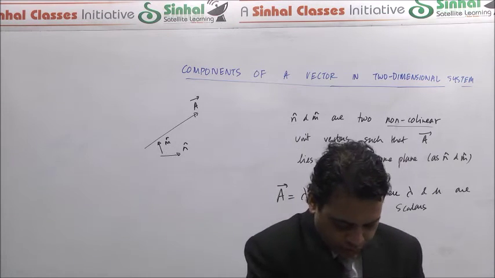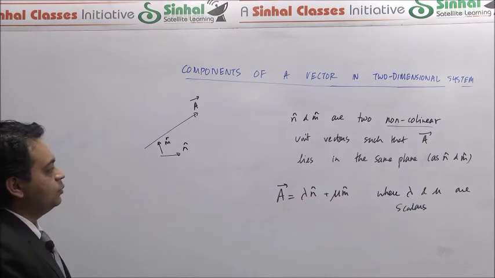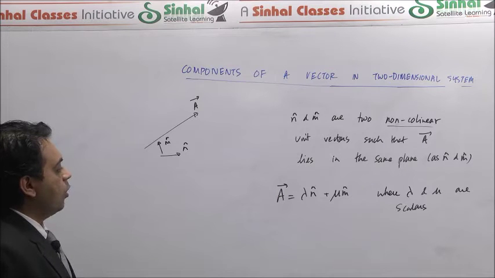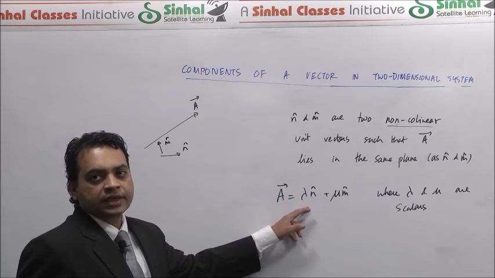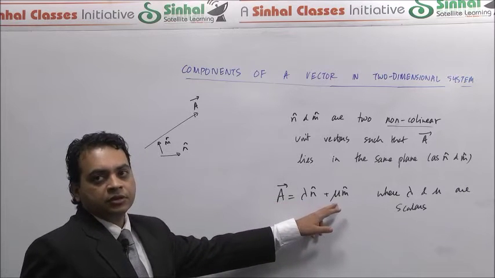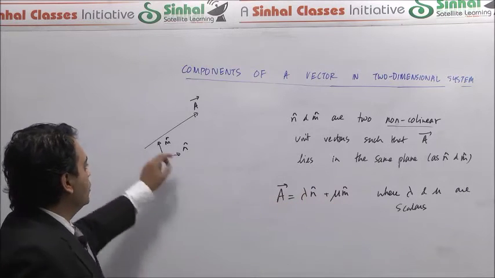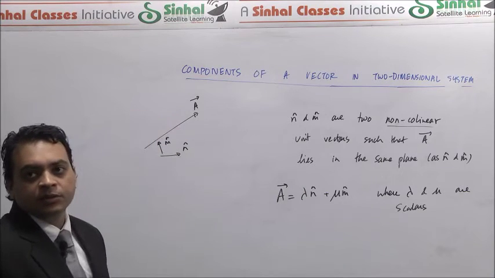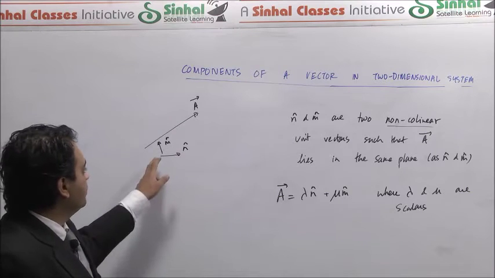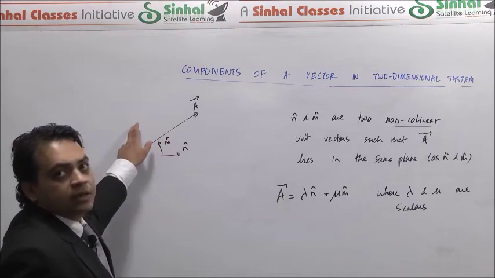So lambda and mu over here would be nothing but the components of the vector A along the unit vector n cap and along the unit vector m cap. So basically we would calculate lambda and mu provided we knew the angle between the vector A and n cap, and the angle between the vector A and m cap.